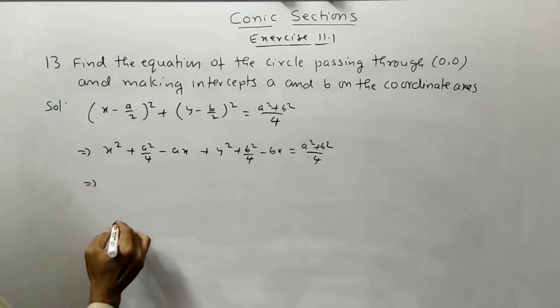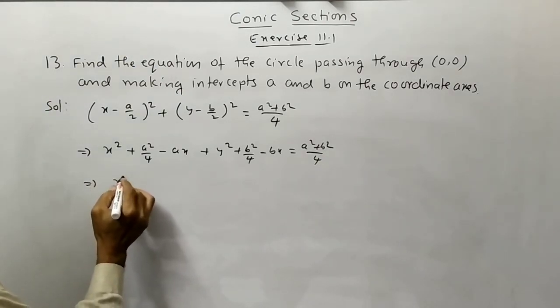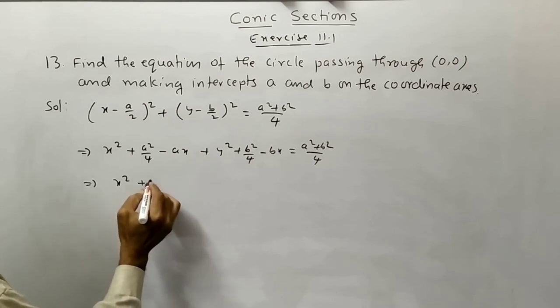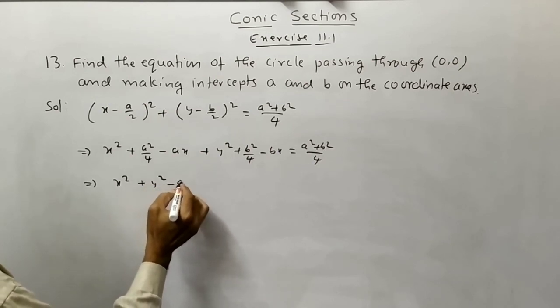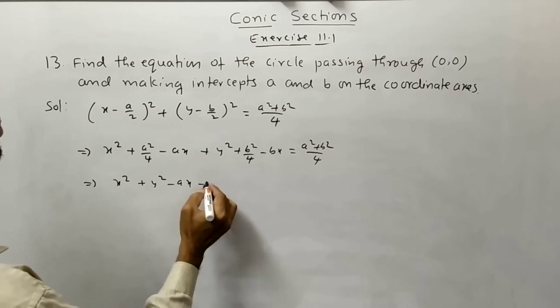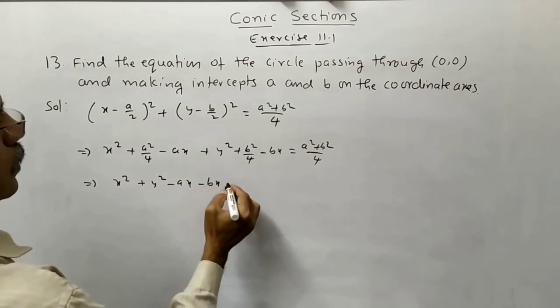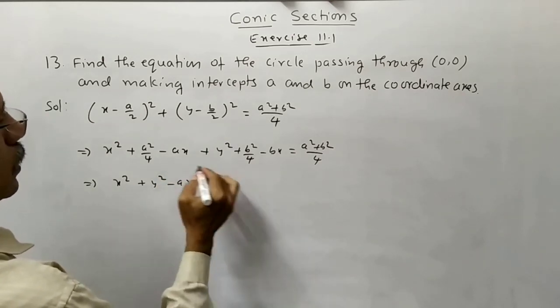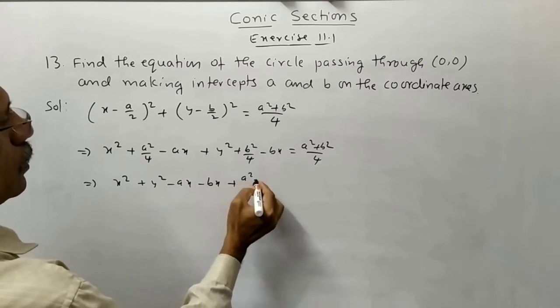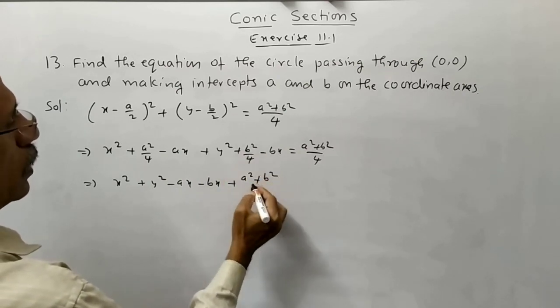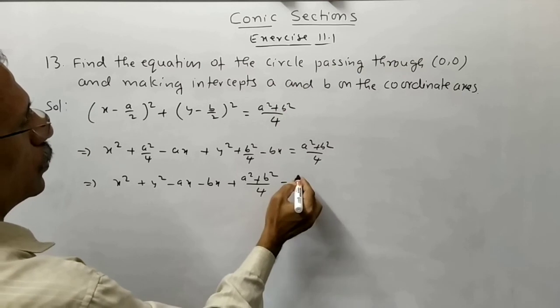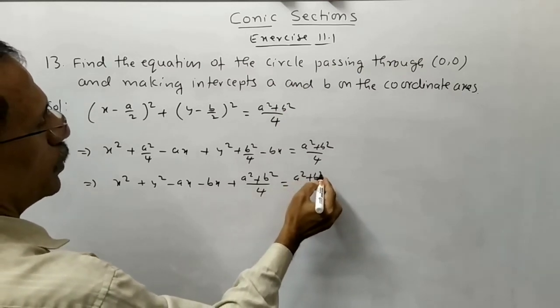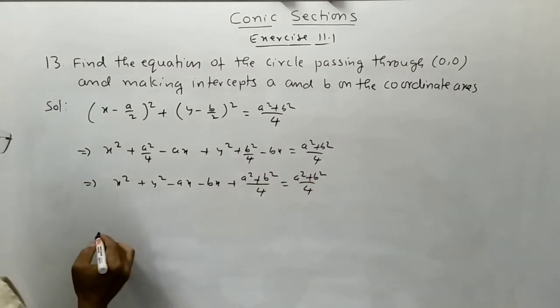This implies x square plus y square minus ax minus by plus (a square plus b square) divided by 4 is equal to (a square plus b square) divided by 4.